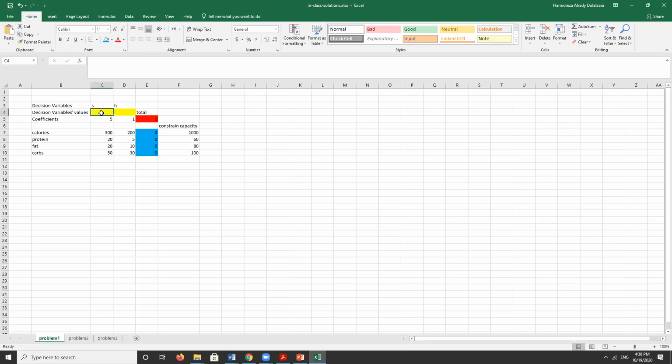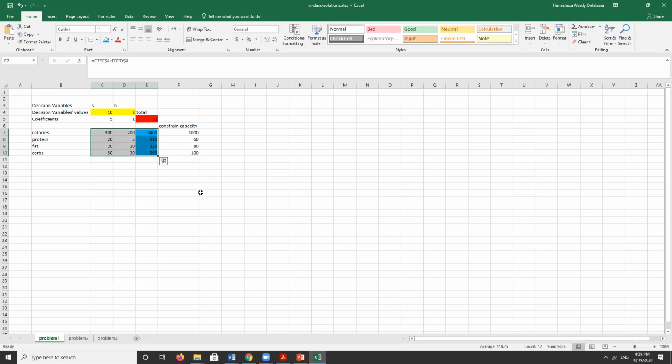Let's say I make 10 and 2. So the cost would be 52, because 10 times 5 is 50, plus 2 times 1 is 2. The objective function is 52. And you see how it affects my constraints, because I have the formulas.